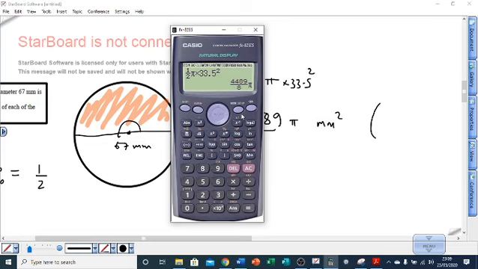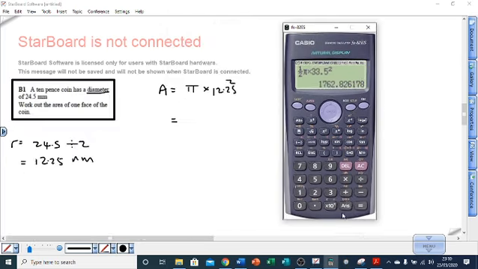So I'm replacing that with 12.25 and then working it out. On the calculator, it is shift pi times 12.25, and we've got to square it, which gives you that there.